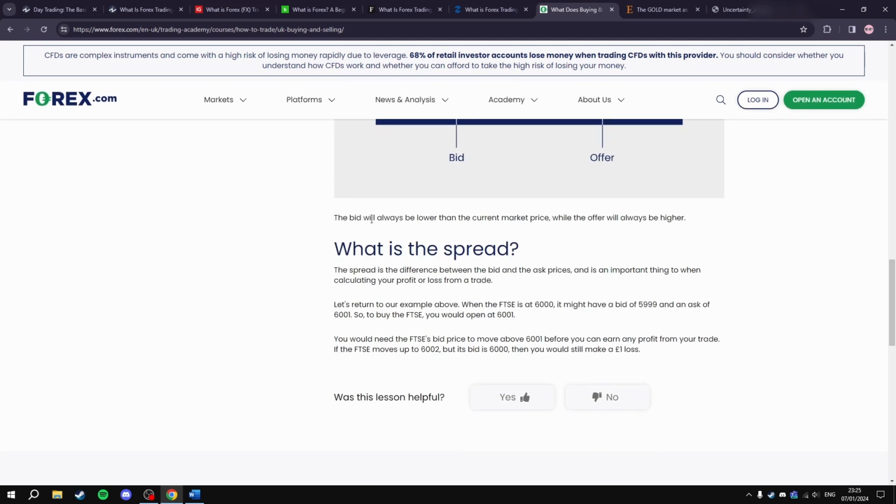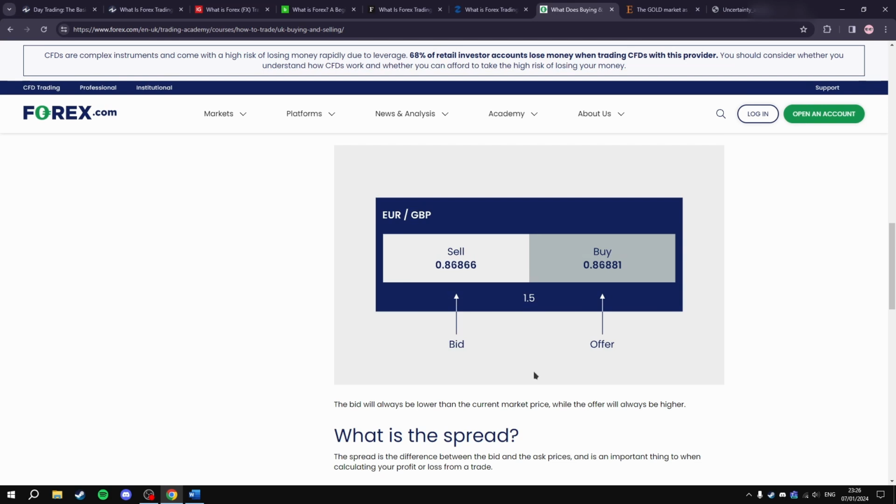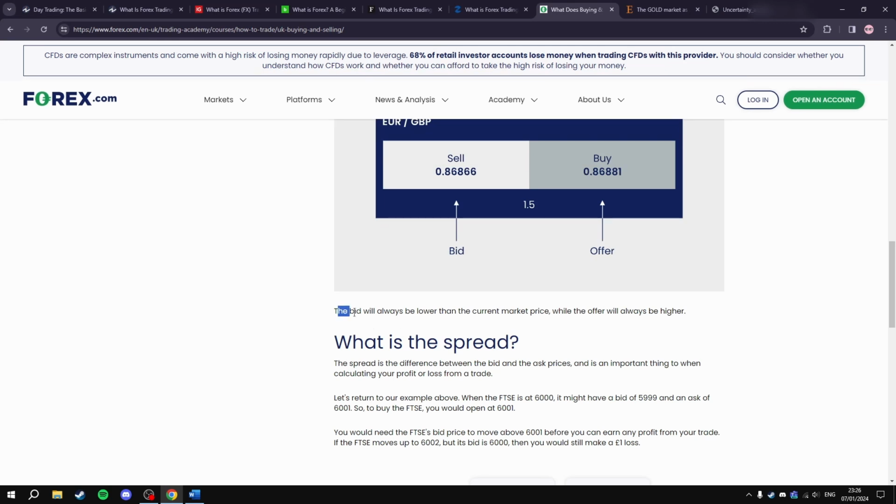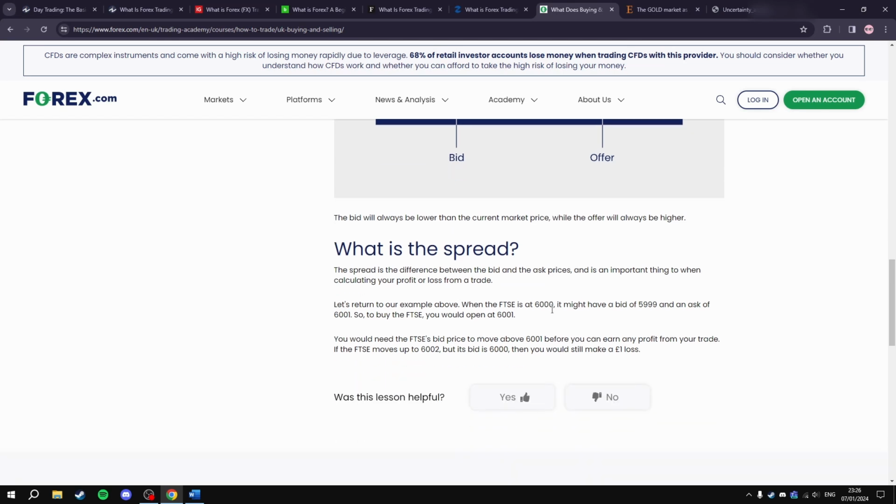Right, okay. The bid will always be lower than the current market price, while the offer will always be higher. Because the broker's got to make a profit, so they make it go higher or lower than the actual market price, so they can have that margin as the profit.